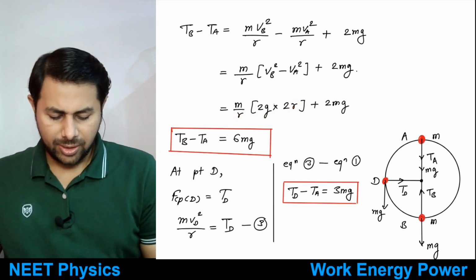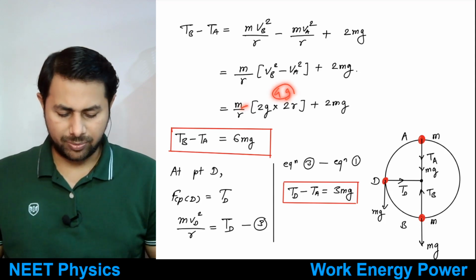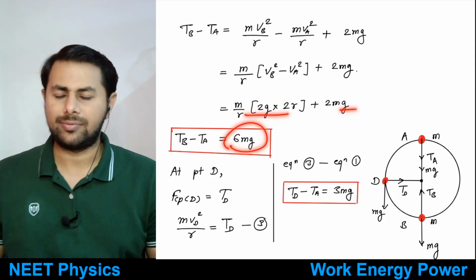So this is 4 times g into m, that is 4 mg. So 4 mg plus 2 mg means 6 mg.